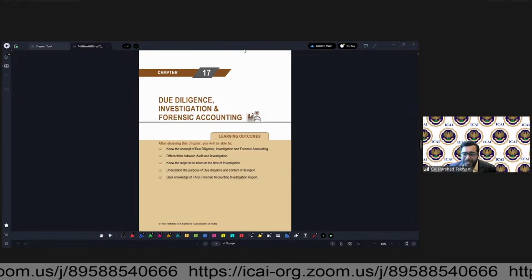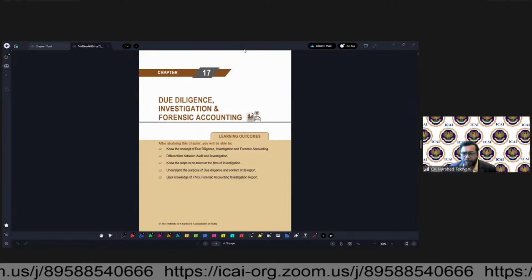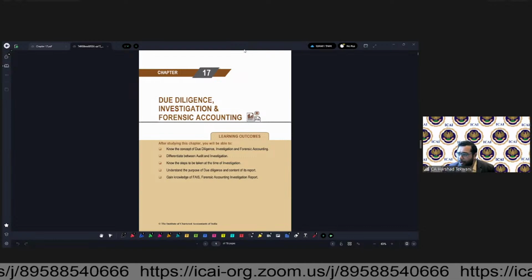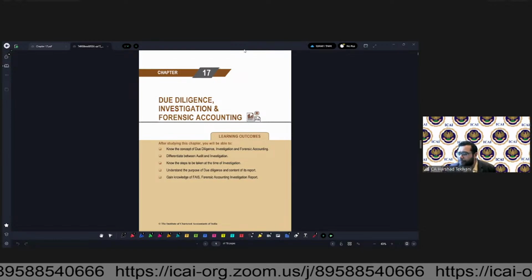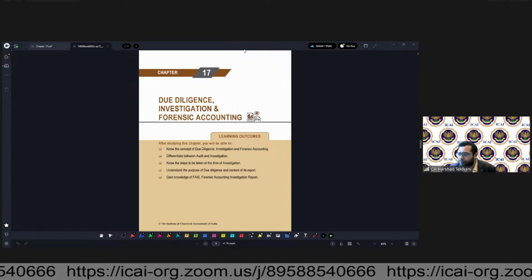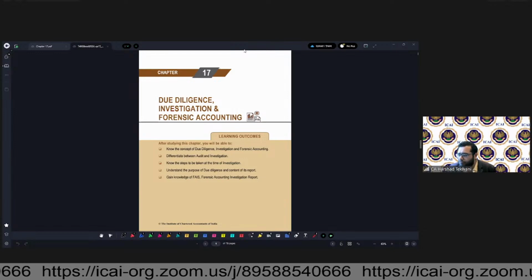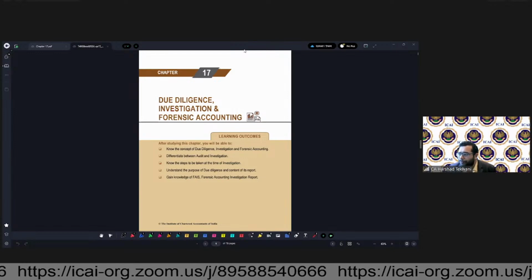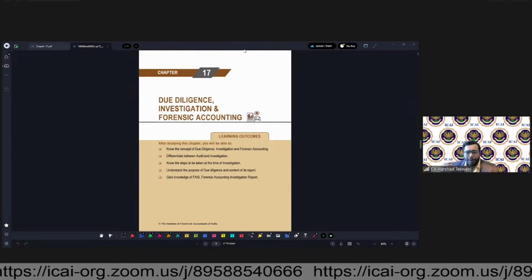Difference between due diligence and audit? Pretty simple, straightforward. Very good, Abrakesh. Yes. Okay, I'll go one by one.